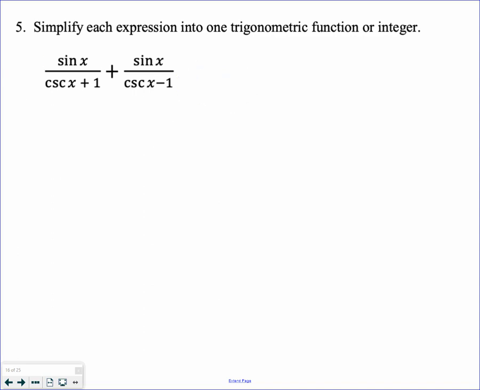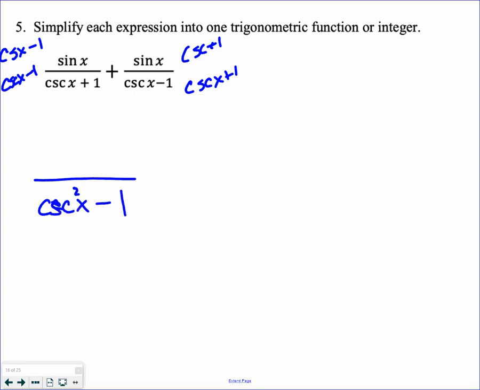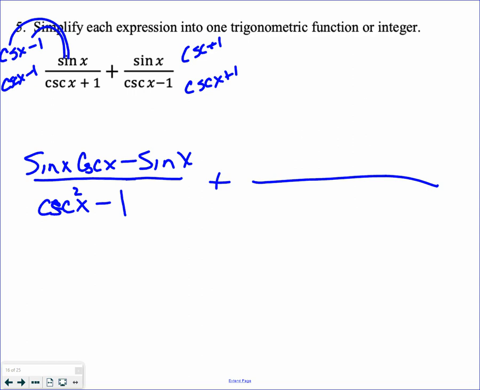The conjugate would be cosecant x minus 1 and cosecant x plus 1, to both the top and the bottom. All right, so on this one, I FOIL this. I get cosecant squared x minus 1. And then I distribute. So I get sine x cosecant x minus sine x. There's that fraction. Second fraction, and I know I kind of bobbled that.